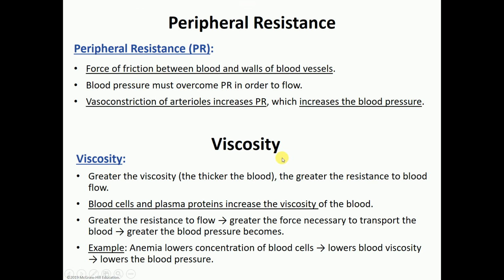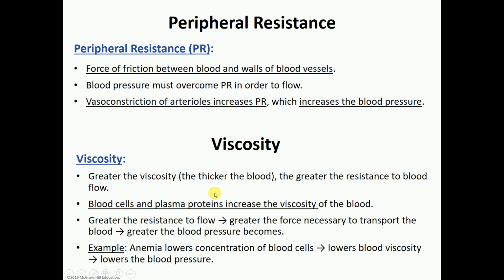Next is blood viscosity, which is how thick or thin blood is, meaning how many cells are found in the blood: your RBCs, white blood cells, and plasma proteins. Viscosity really is more related to the number of RBCs and plasma proteins.